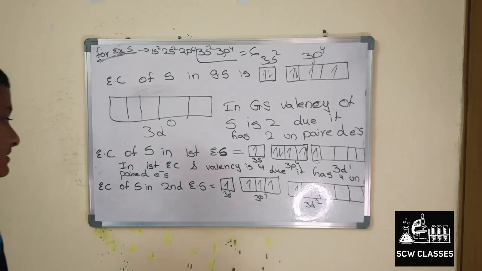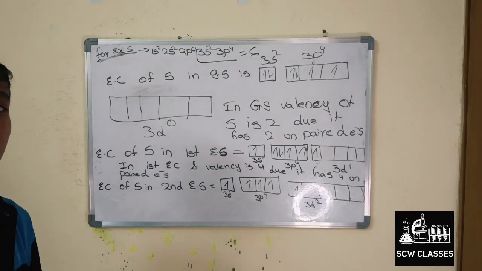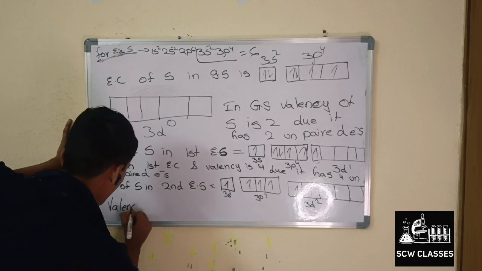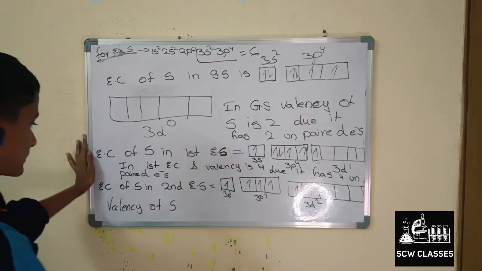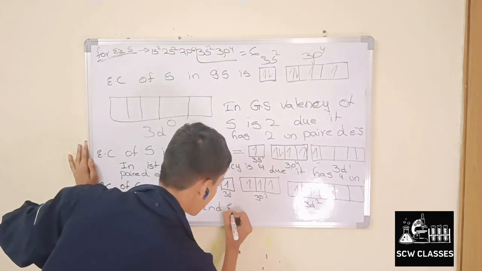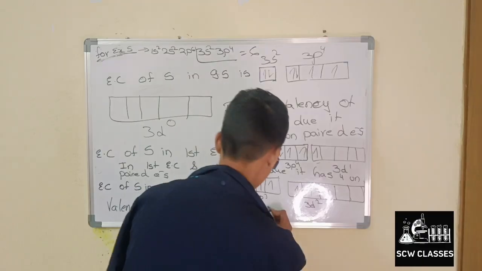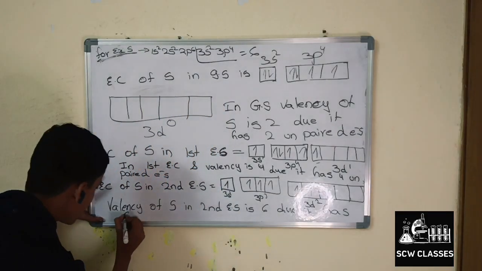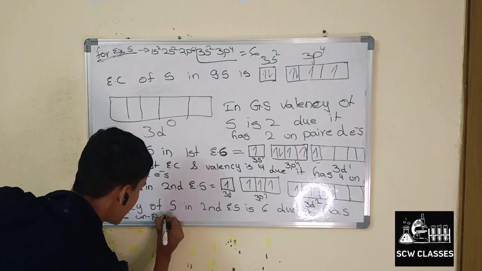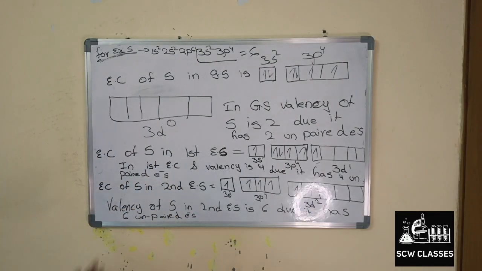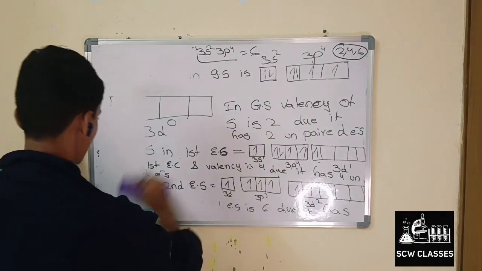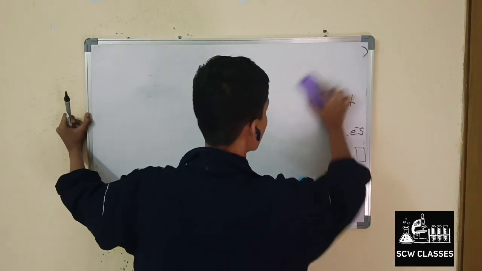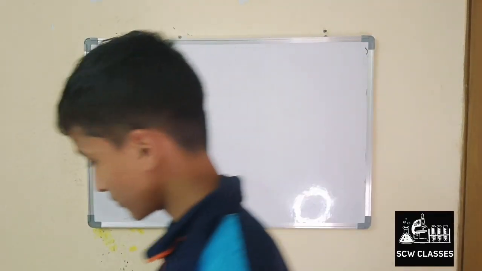The valency of sulfur in second excited state is 6, due to it has 6 unpaired electrons. Clear? Up to now clear guys.